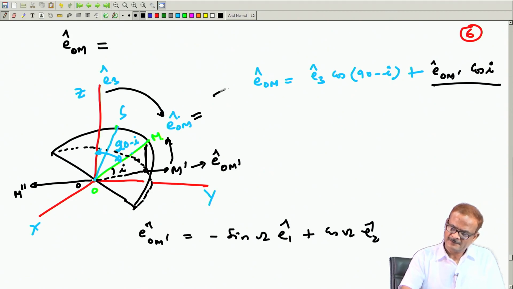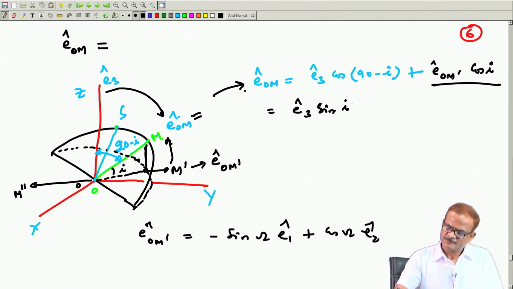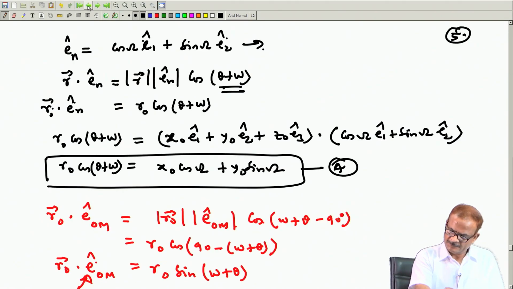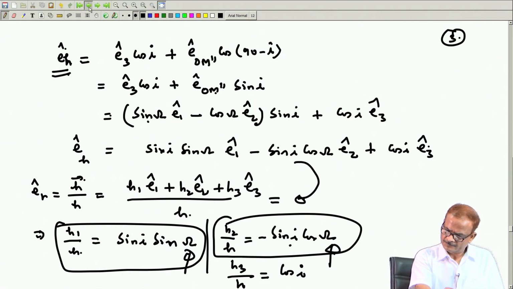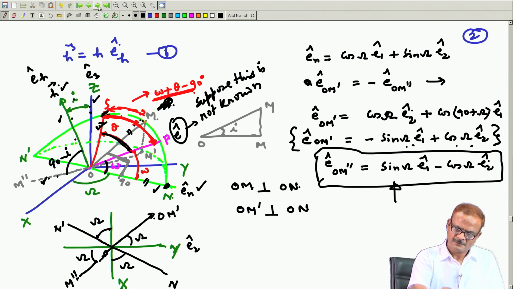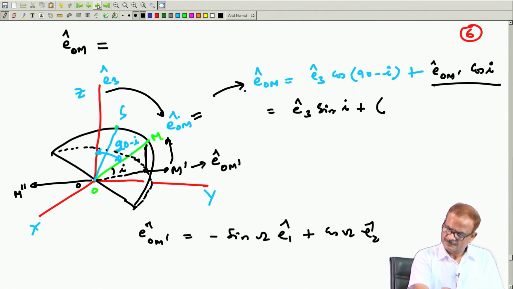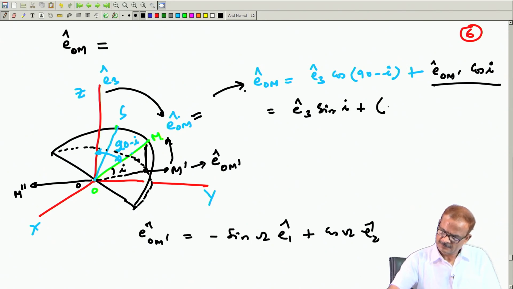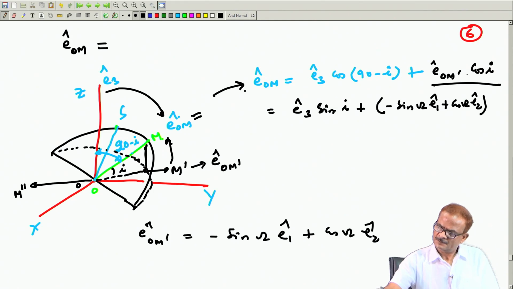So, E_OM cap will be defined, which we are defining here: E_OM prime cos I. So, we write here E3 cap sin I, plus E_OM prime, which we are writing from the previous page: minus sin capital omega E1 cap plus cos capital omega E2 cap.